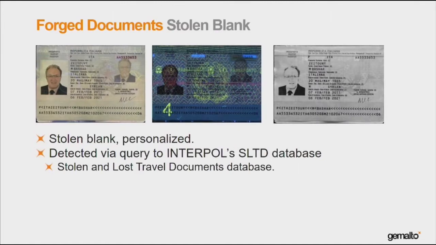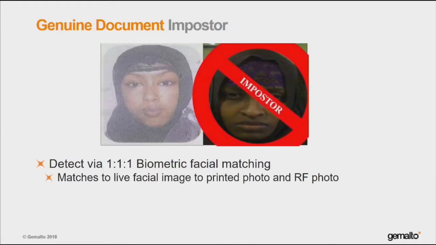In this example, we have a legitimate document that was lost, and the actual blank document was stolen. It was then personalized by the criminal organization, and it was detected via a query to Interpol's list of lost and stolen documents. And in this other example, it was a fraudulent use of a passport.